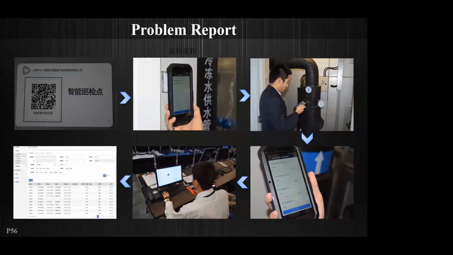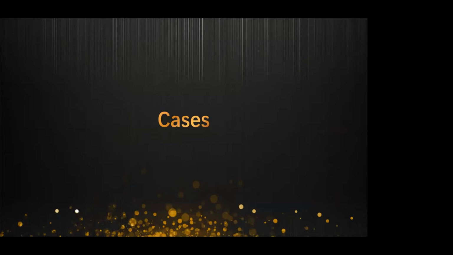So when we do maintenance or manual checks, we can use our mobile to report the problem to the system directly. And in the system backend, the administrator can easily get all of the information of this building.